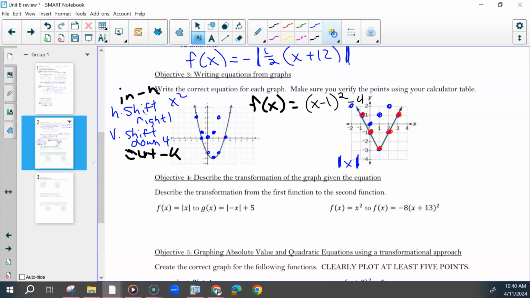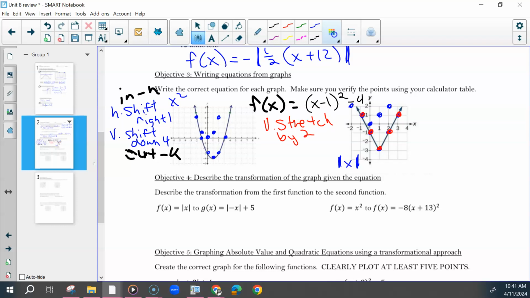So looking at what the original was and what this looks like, what changed? Stretch. It did stretch. The distance is now not 1/2, but 2. The vertical stretch by 2. What else?